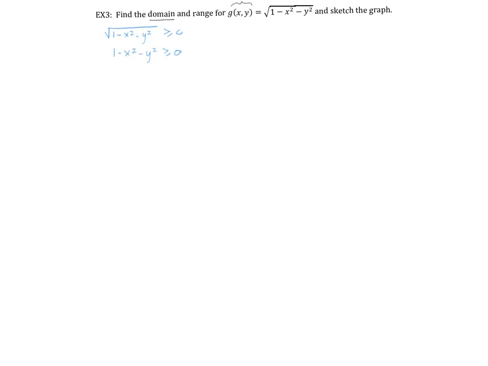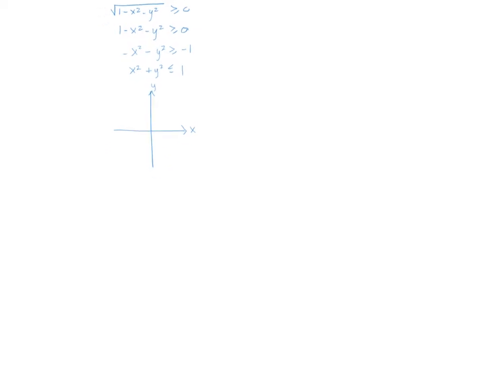Great, so that is my domain. But I want to graph this domain just to see what it looks like. So I'm going to try to get this in a form that I recognize. I'm going to subtract 1 from both sides and then multiply through by a negative 1, remembering to flip my sign. And then looking at this graph in the x and y plane, not in three-dimensional space, I can see that this is a circle centered at the origin with a radius of 1.